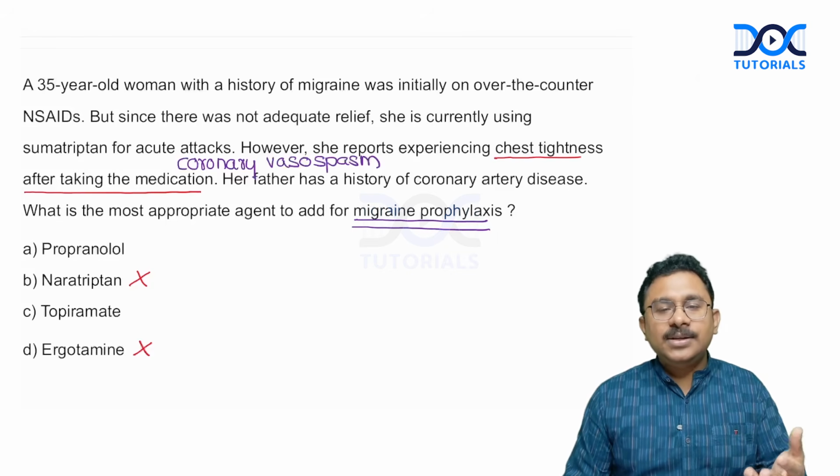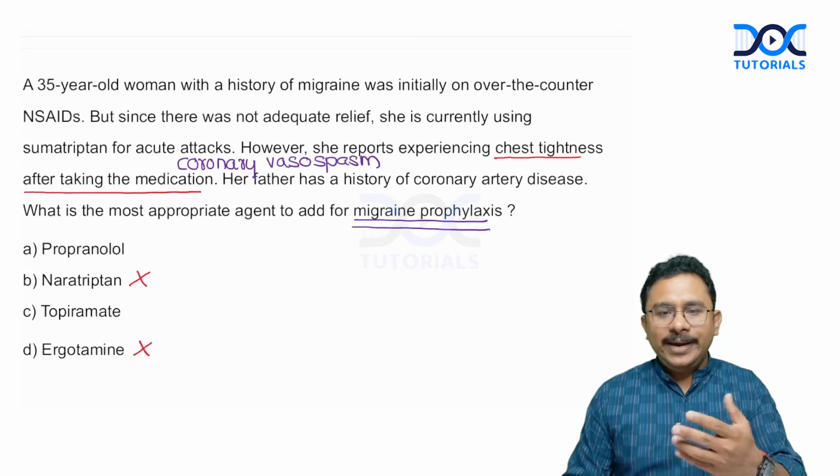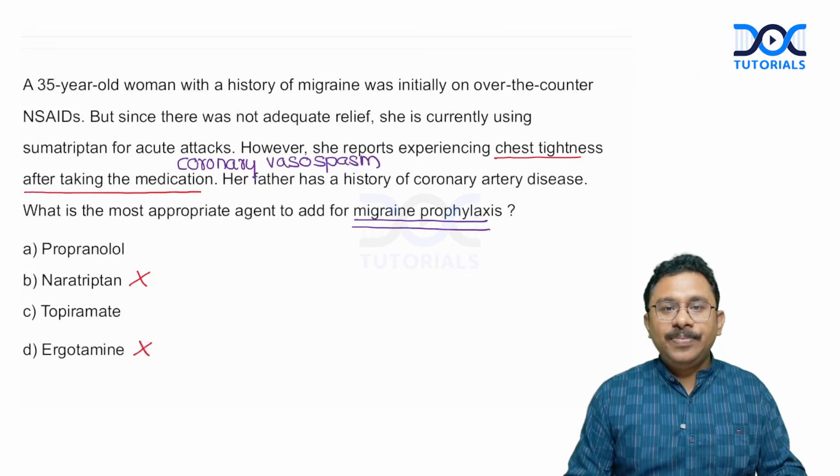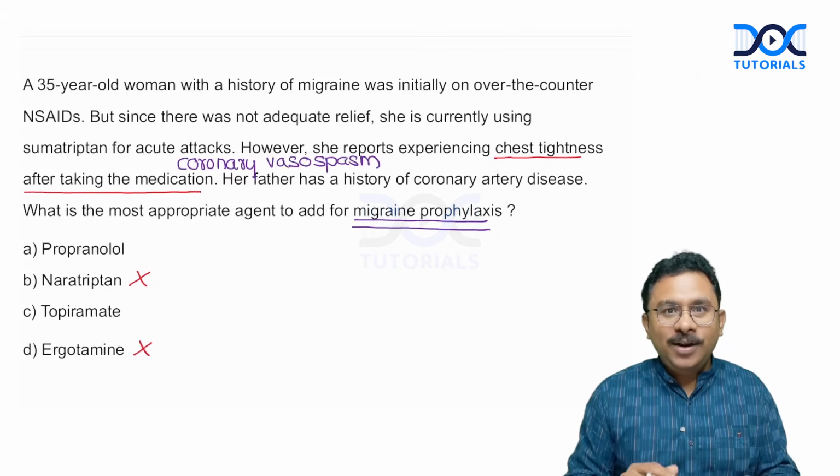Severe depression is a contraindication for beta blockers; again, no mention in the question. But a coronary vasospasm is again to be considered as a contraindication for use of beta blockers in migraine.